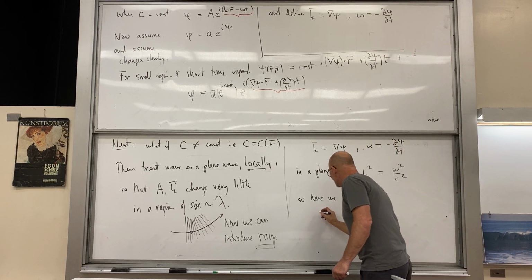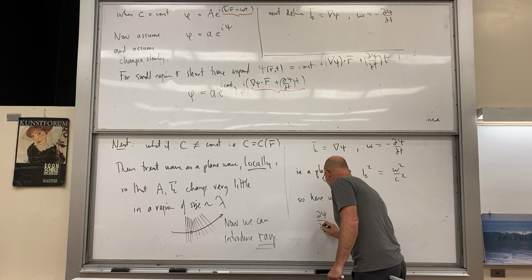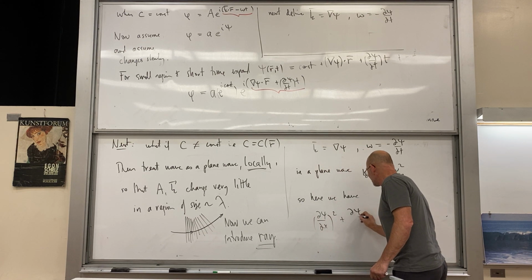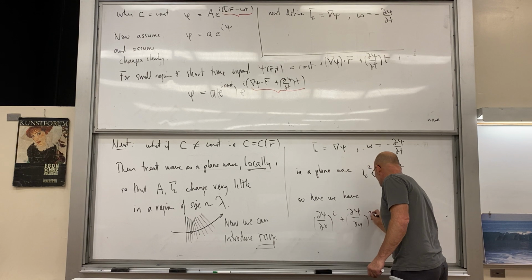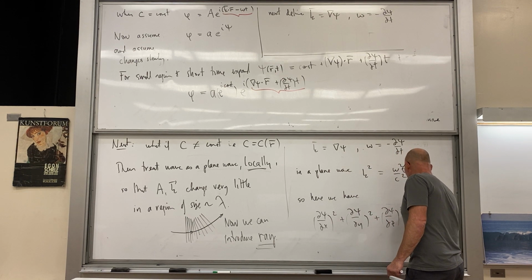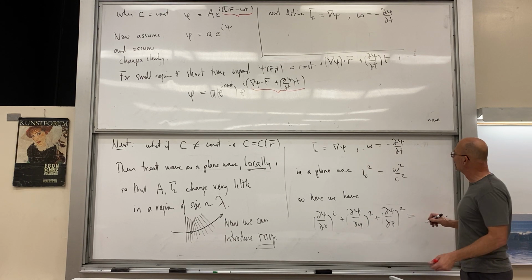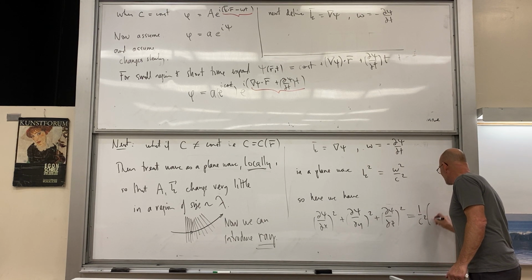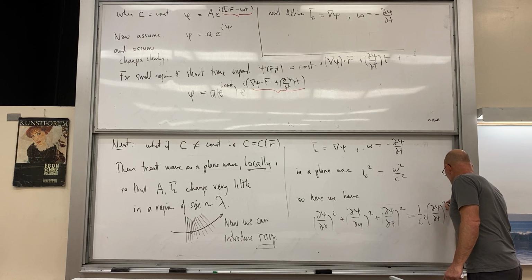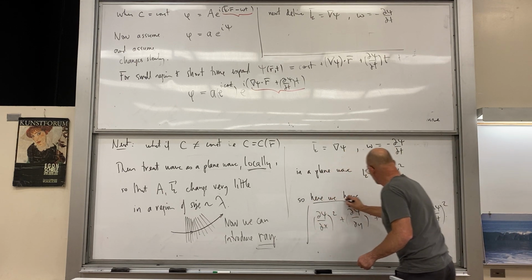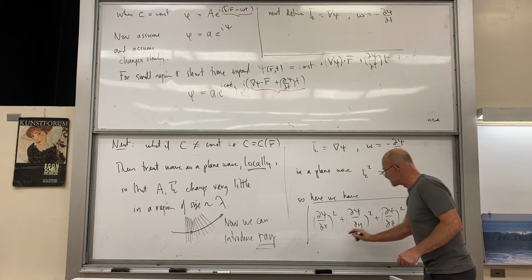So we have (∂C/∂x) squared plus (∂C/∂y) squared plus (∂C/∂z) squared equals 1 over C squared times (∂C/∂t) quantity squared. So this is a new differential equation.